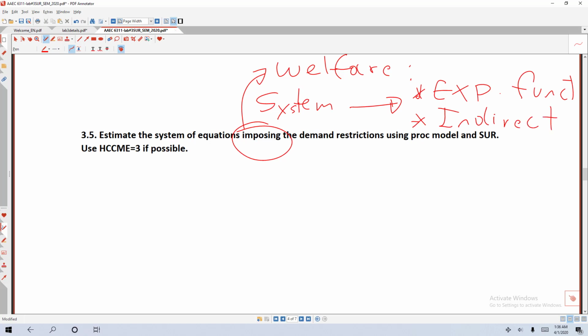And once you have that expenditure function or that indirect utility function, you can do welfare analysis. But the tricky thing here is that in order for you to go back from the system to the expenditure function or the indirect utility function, the demand restrictions need to be satisfied. Otherwise, you cannot go back.